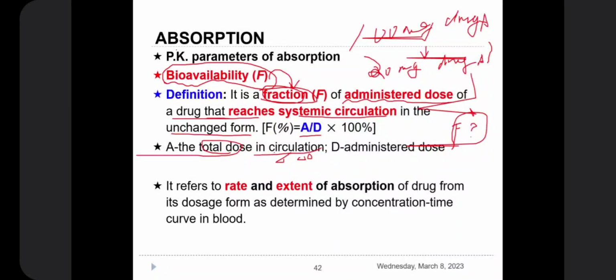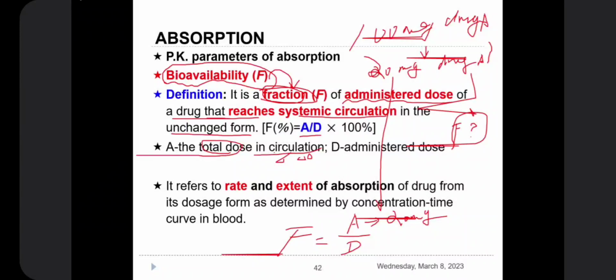Okay, let's calculate it together. F is equal to A divided by D. Here, A is the dose in the circulation, so this is 20 mg.